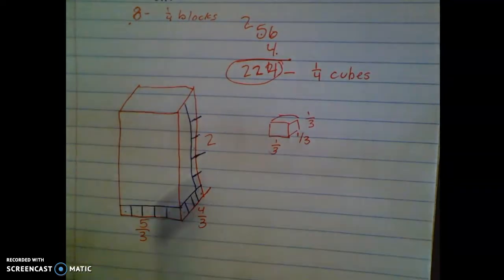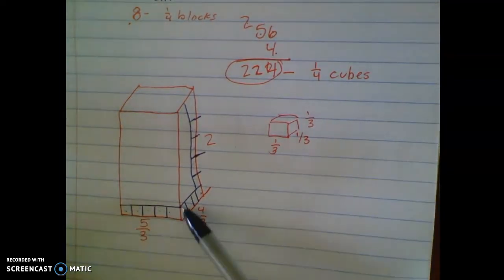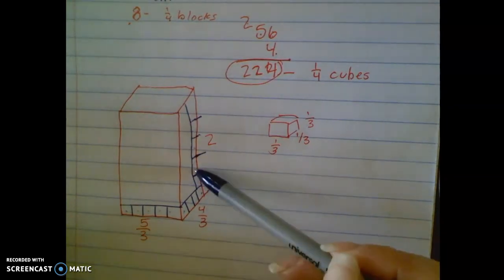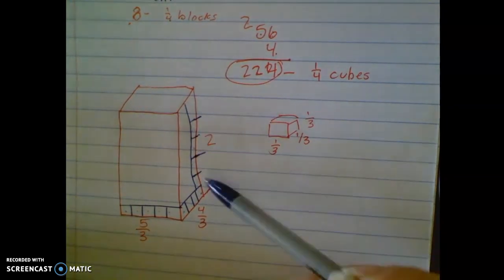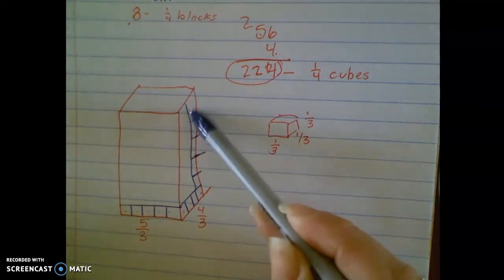Okay, so if you transferred these to 1/3, I picture 5 cubes fitting across here because there's 5/3. Then there are 4 cubes fitting across here because it's 4/3. And then this one, there are 6 cubes because we have 2 wholes. So it would be 1/3, 2/3, 3/3 a whole, 1/3, 2/3, 3/3 a whole.